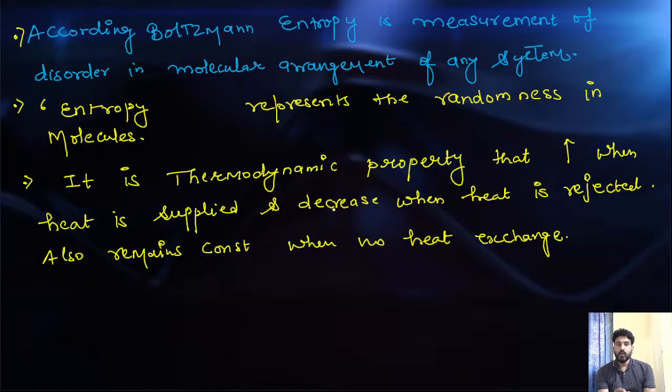So we understood the relationship between heat exchange and entropy. Now let's build the mathematical equation so that we can calculate entropy. To understand this, I have to take the example of a reversible engine, the Carnot cycle engine.